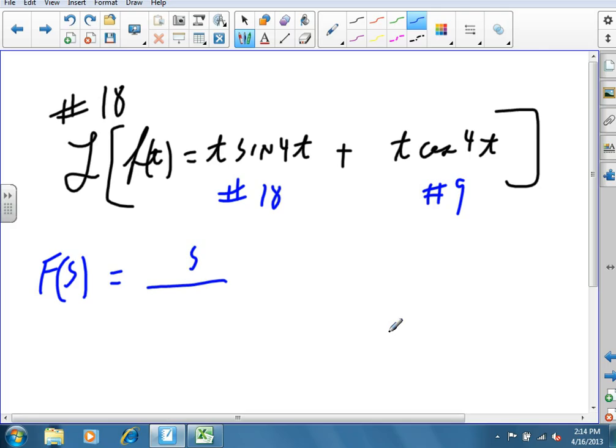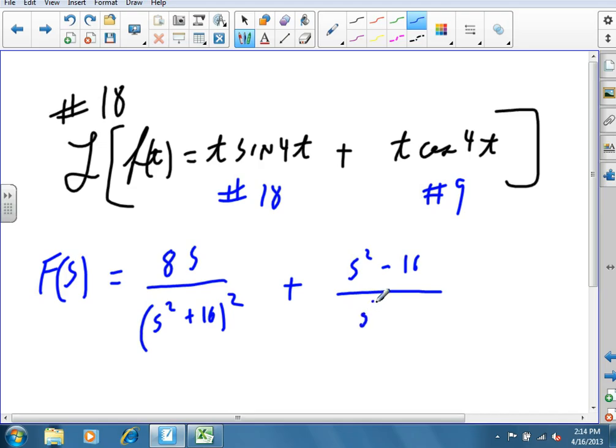So that'd be 8s divided by (s squared plus 16) quantity squared. Hope I'm looking at the right one. And then 19 is going to be (s squared minus 16) divided by (s squared plus 16) quantity squared. And so that was 18.